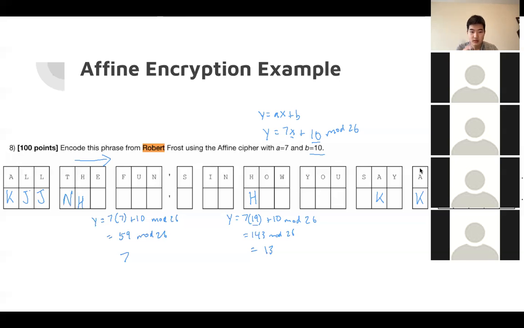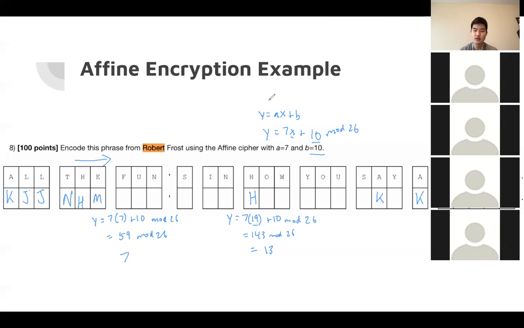G to Y. Wait, really? I think I'm getting G to A. I'll also check E to M. Yeah, E to M's right, because M is 12. I think you might want to recheck G to Y though.